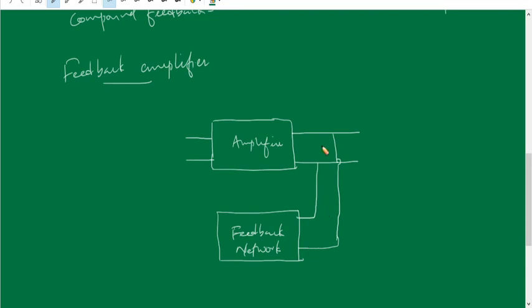So this is Vo, here Vi voltage is there, and a portion of the output is fed back to the input signal.